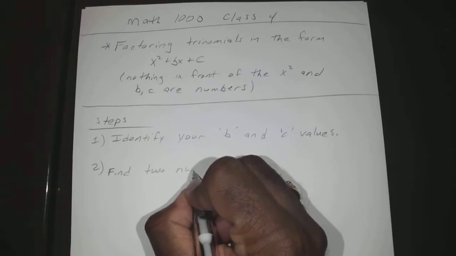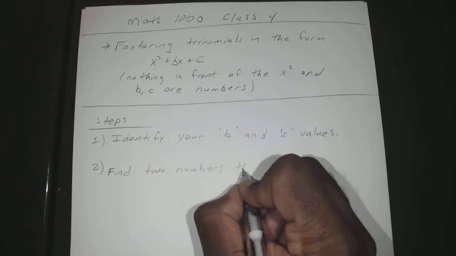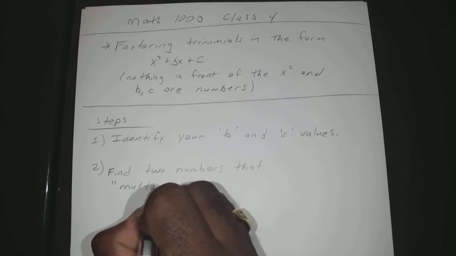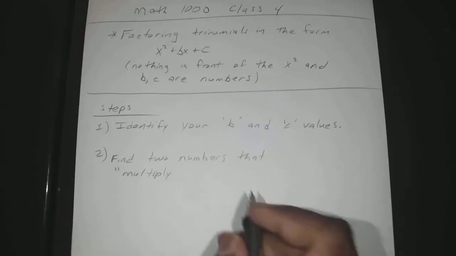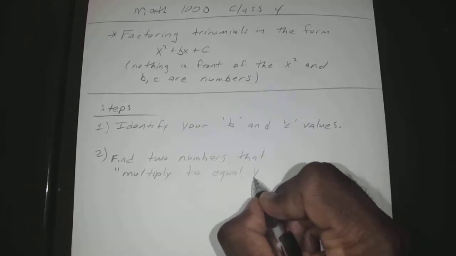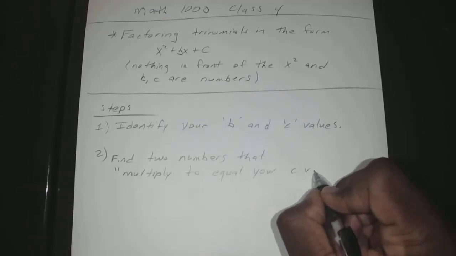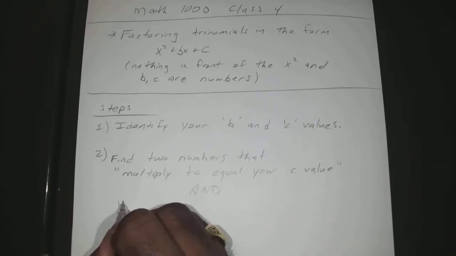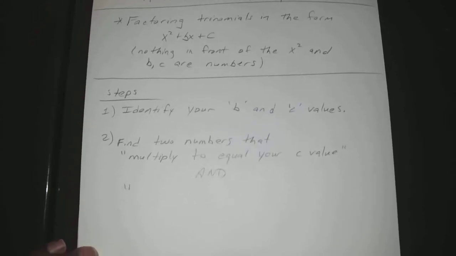So find two numbers that multiply to give you c and add to give you your b value.